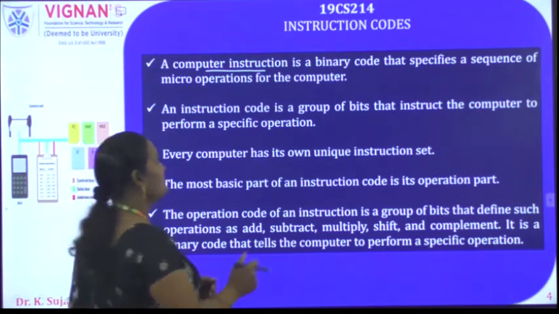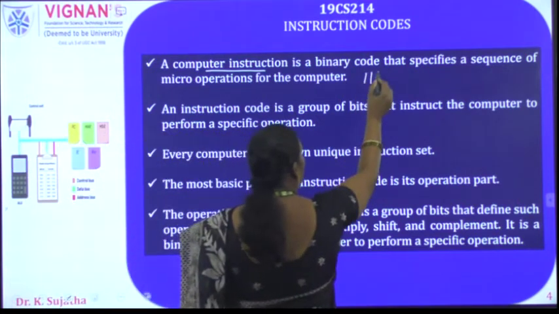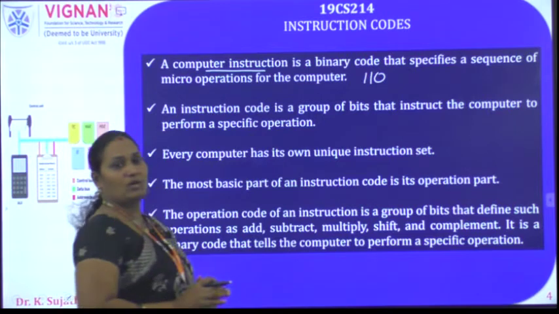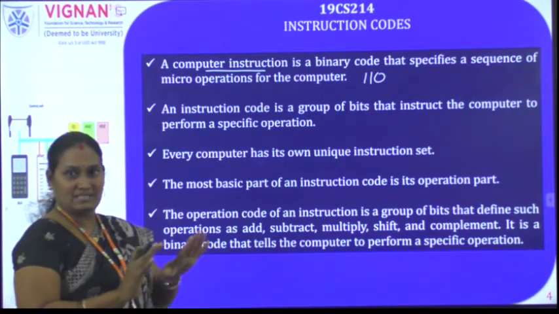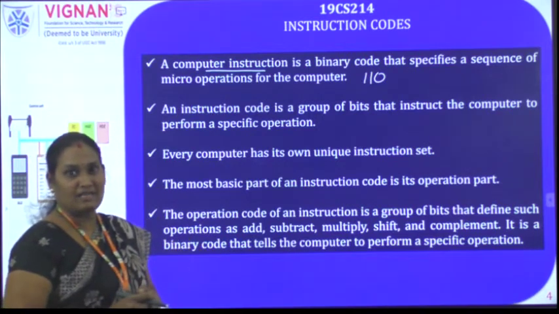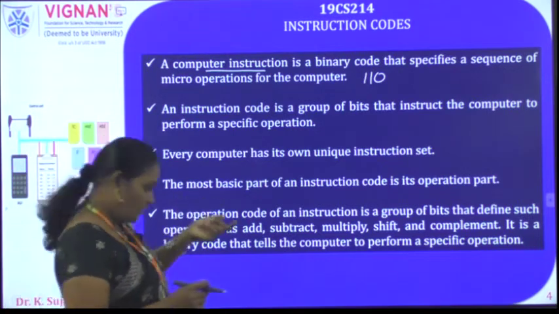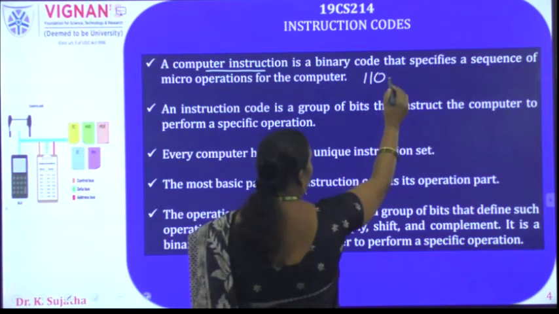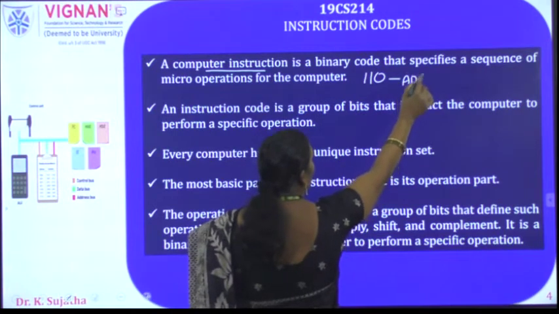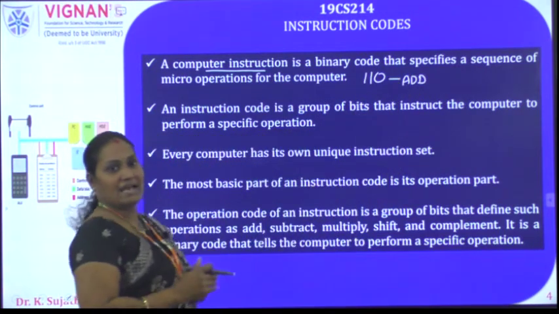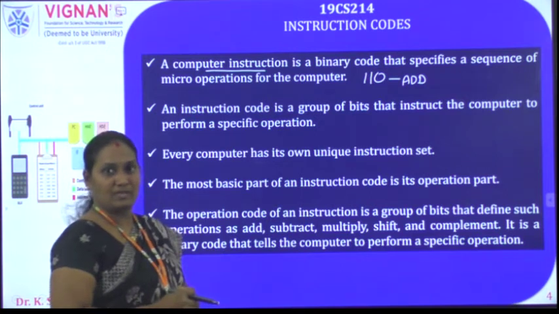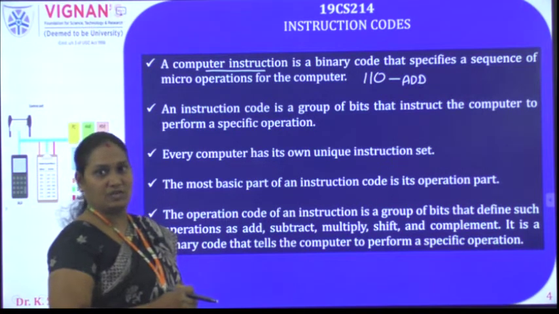Suppose, for example, if I am writing an instruction like this, 110. Here, this is a binary code. 110 is a binary code. This specifies some operation. Suppose let us say that operation is add, addition operation.